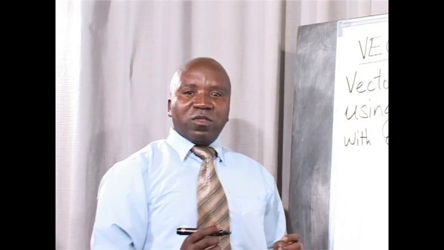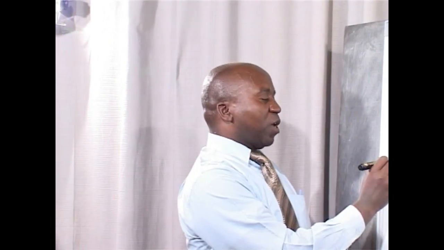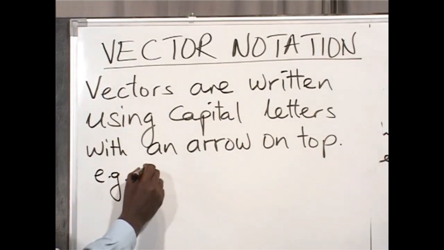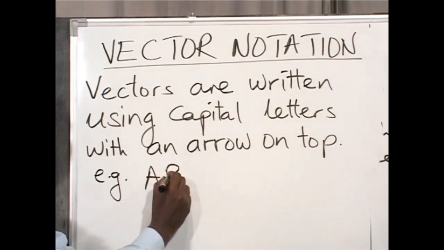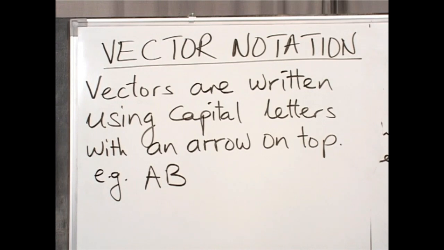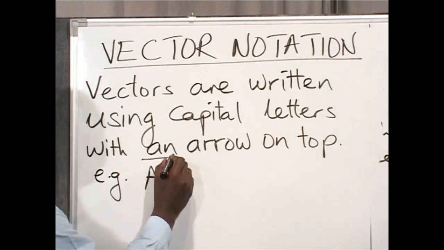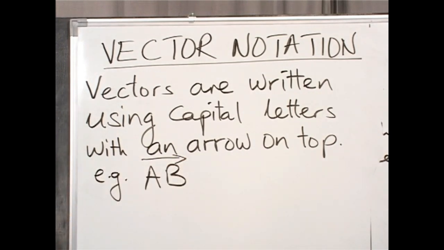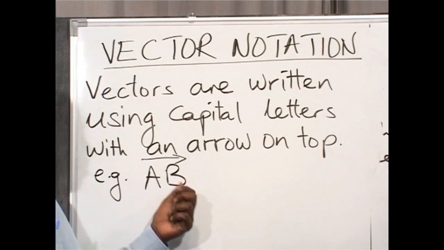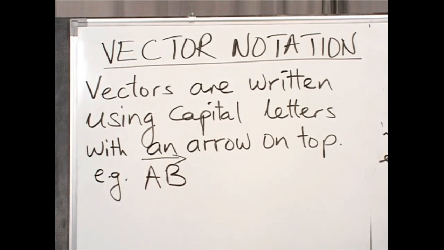Okay, the examples we already looked at, we had vector AB. We write AB. How do we show the direction? The arrow should move in that direction, showing you that the movement is from point A to point B. So the arrow gives the direction of movement.